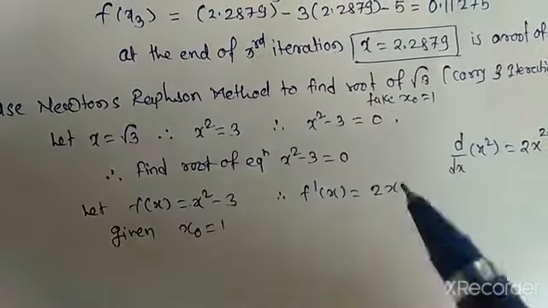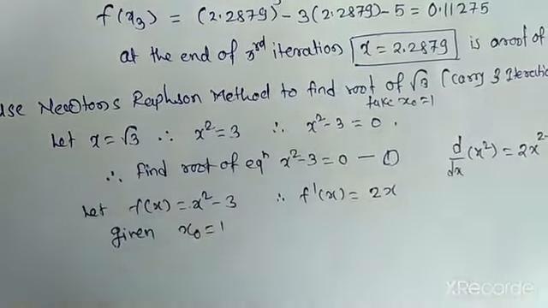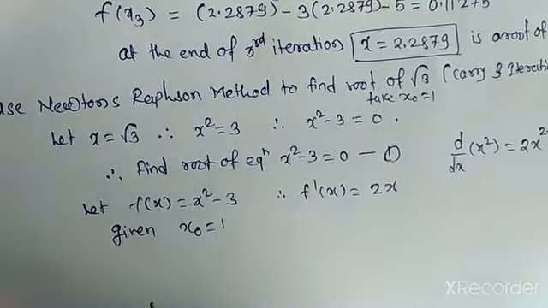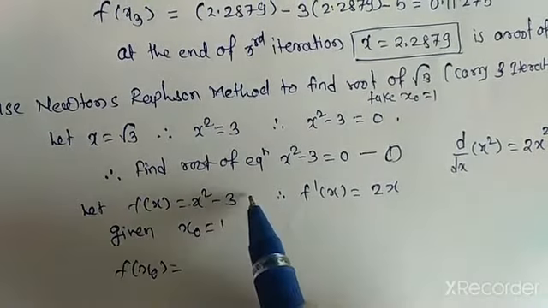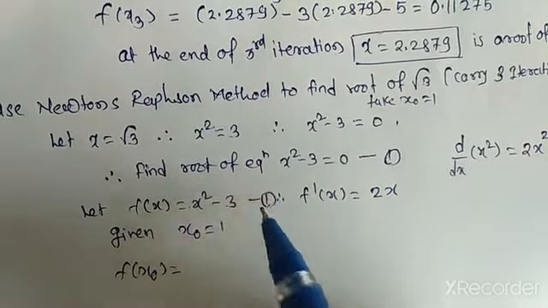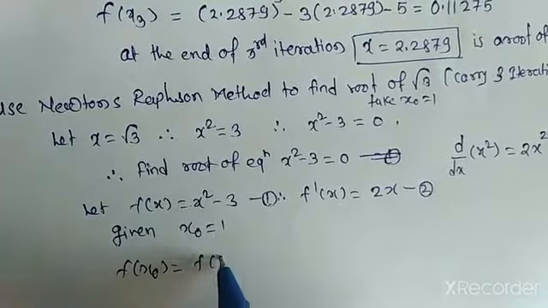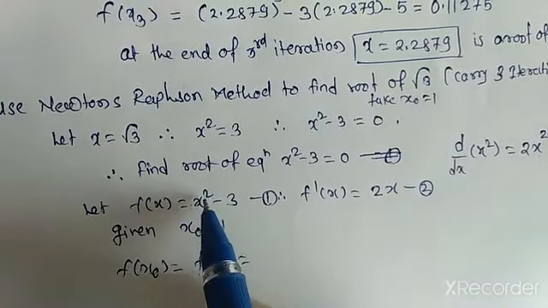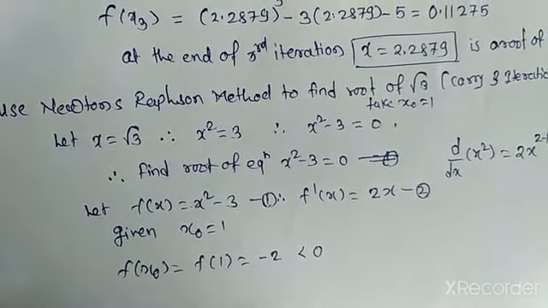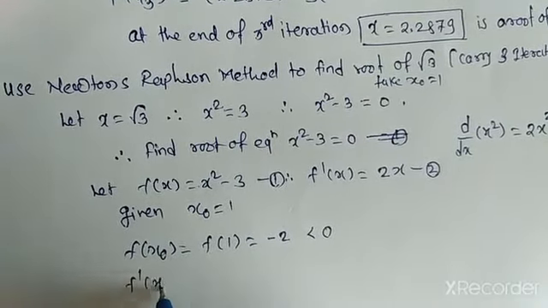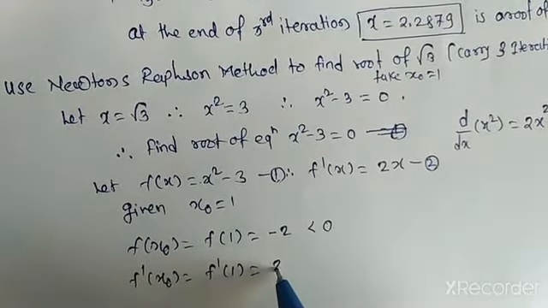Therefore, write it as equation 1 and equation number 2. f of x naught is equal to f of 1, which is 1 square minus 3, which is minus 2, which is less than 0. And f dash of x naught, that is f dash of 1, is equal to 2 into 1, which is 2.